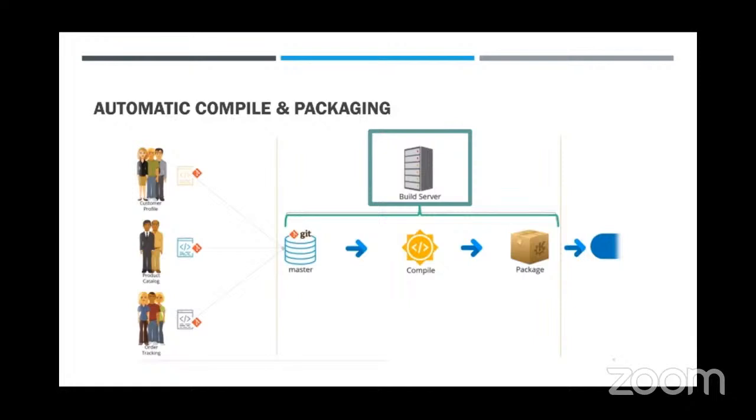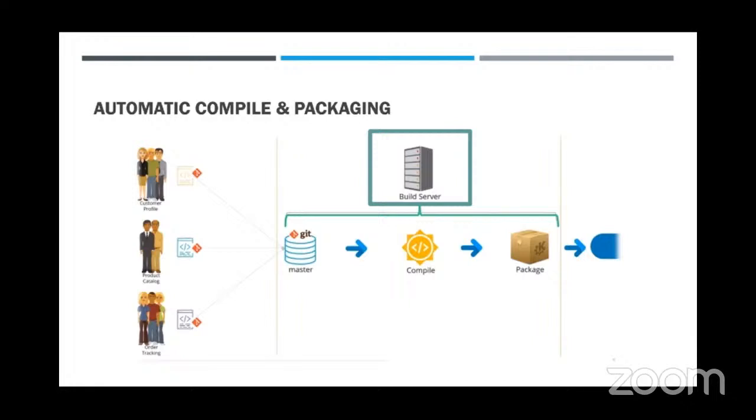But now, CI/CD tools like Jenkins and other tools have made all of these steps automatic. For example, as you see on the slide, customer profile, product catalog, and these three teams, as soon as they check in their code, it gets onto the Git repository or whatever version control system you use, and that triggers an automatic compilation step and packaging step.